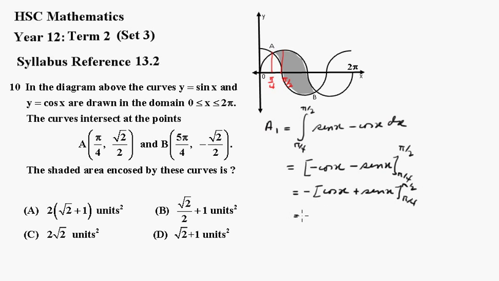Now that's equal to minus. Now the cos of pi upon 2 is 0 and the sine of pi upon 2 is 1. So it's 1 minus. Now this will be cos of 45 is 1 on root 2. And this also is 1 on root 2.